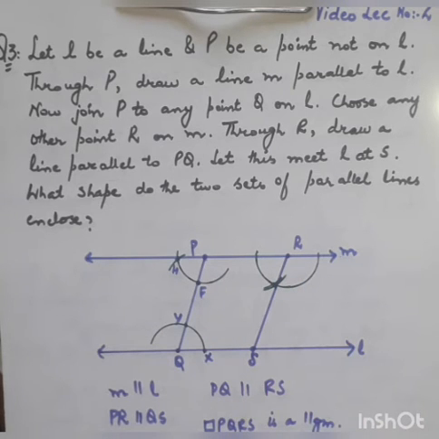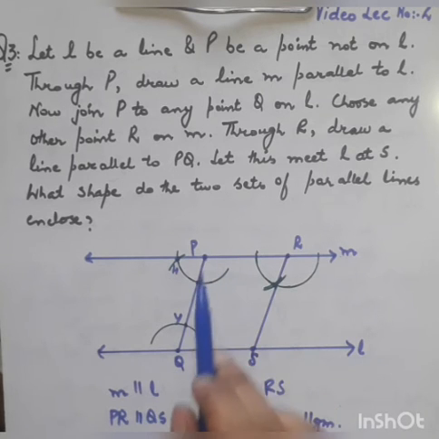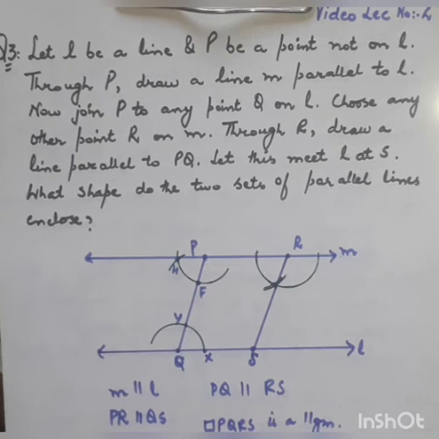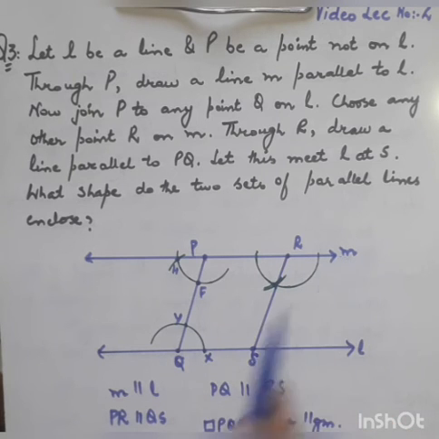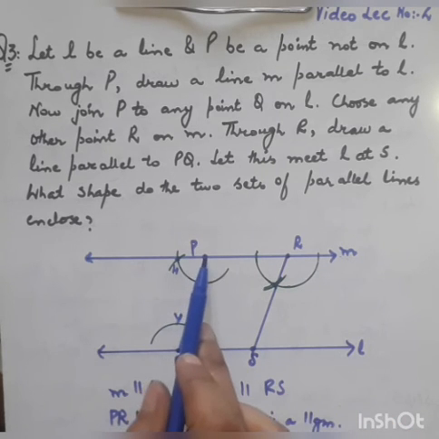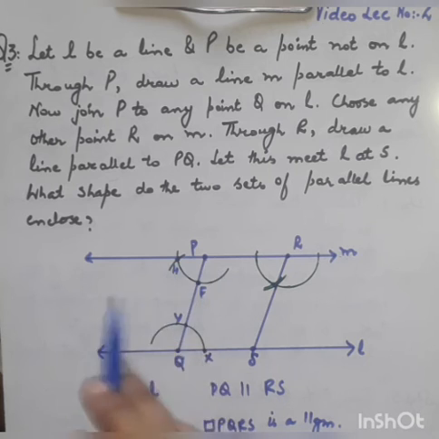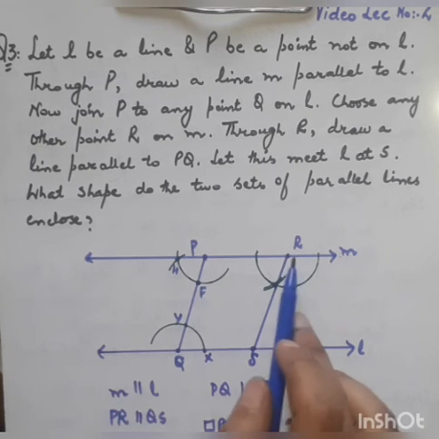Clear? Now after that you will consider this point as Q. Then you will write, now PQ is the line and you have to draw the line parallel to this PQ. So what you will do is you will take another step, take another point R on line M, and then with P as center draw an arc, and with the same radius as in the previous step and with center R draw another arc.